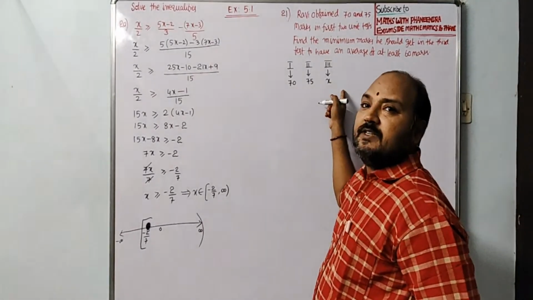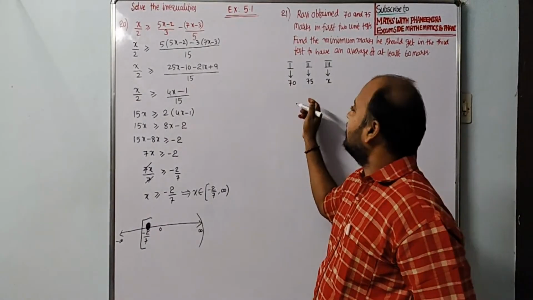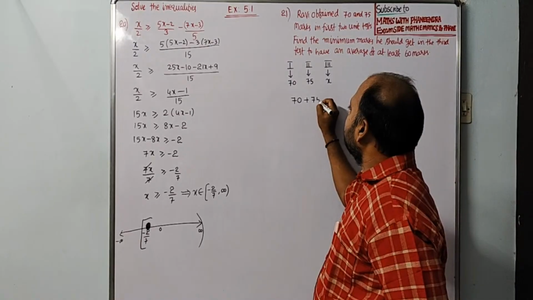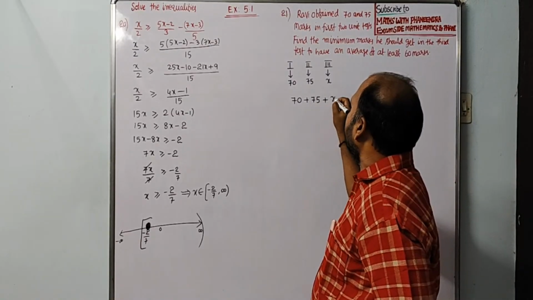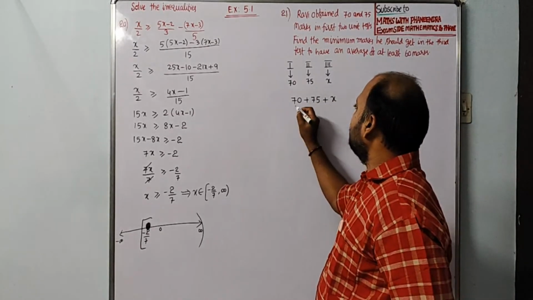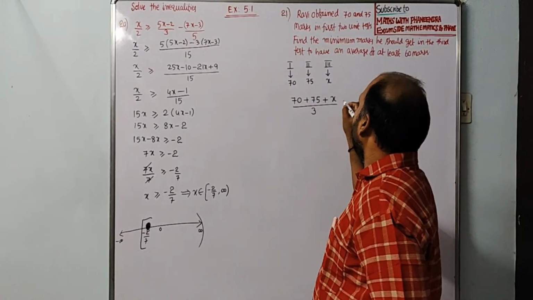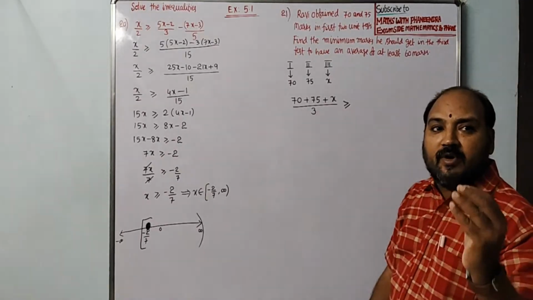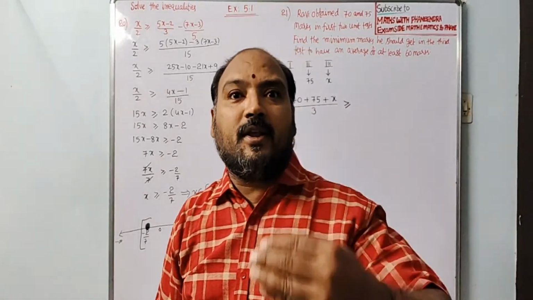Average of 3 tests, we can write it as marks of first test plus marks of second test plus marks of third test, divided by 3, is greater than or equal to 60 marks. Wherever it says at least, it means greater than or equal to.